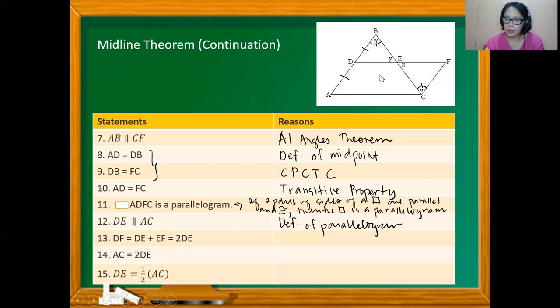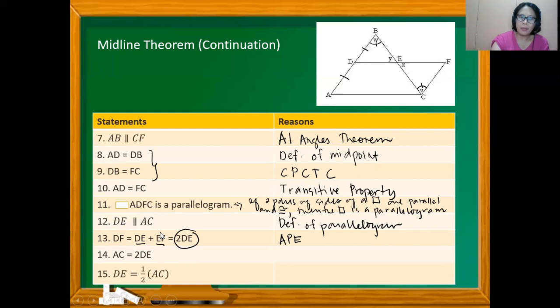Okay, and this is about addition property of equality. Okay, and then AC equals 2DE. Now, we got this 2DE since we know that DE is equal to EF because the two are equal parts of DF.